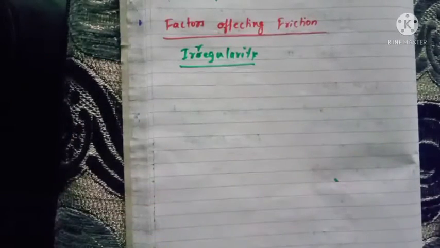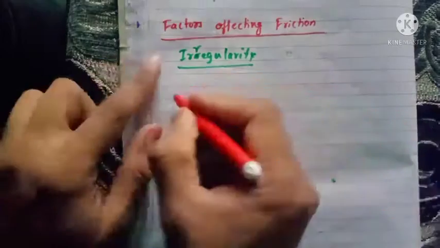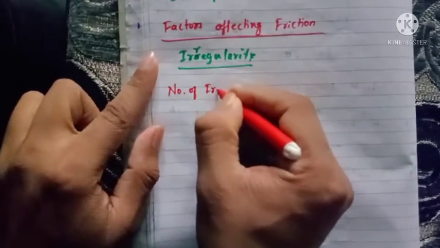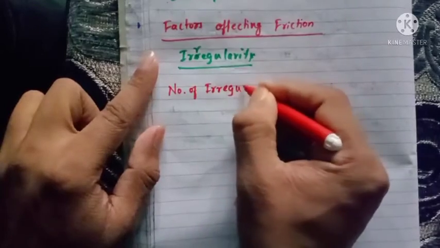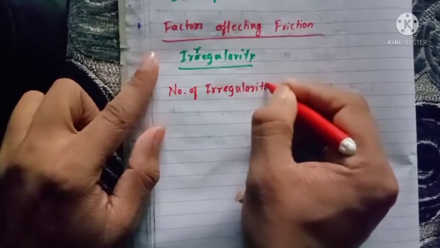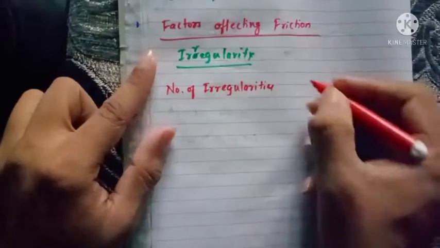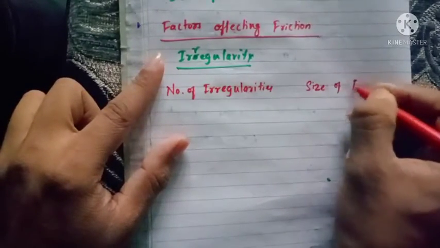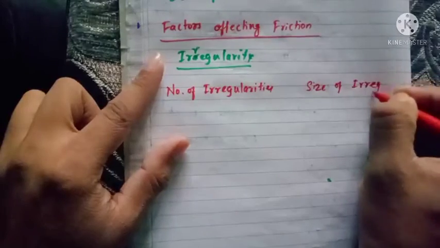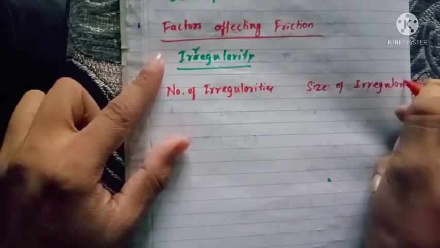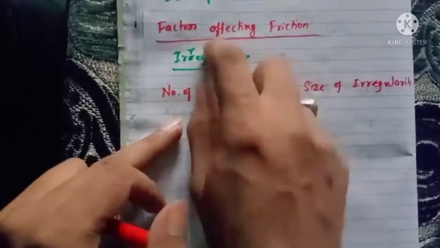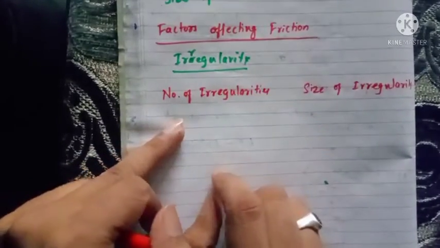One is the number of irregularities and the second one is the size of irregularity. So these are two points of irregularity on which friction depends.